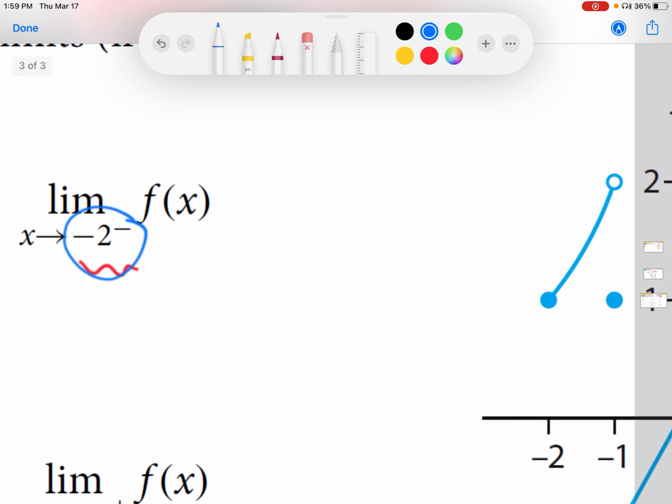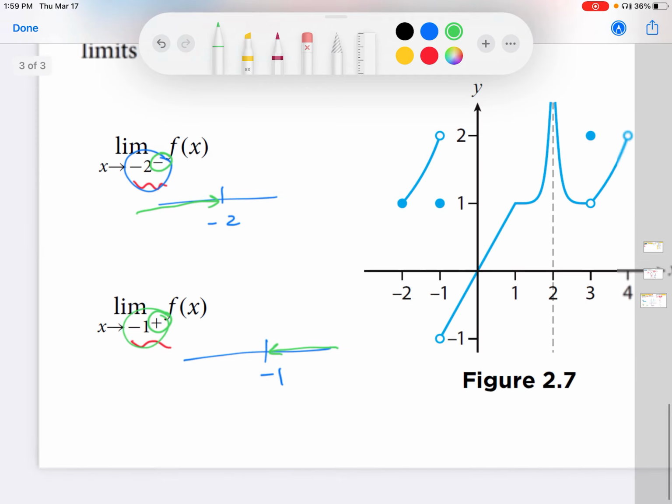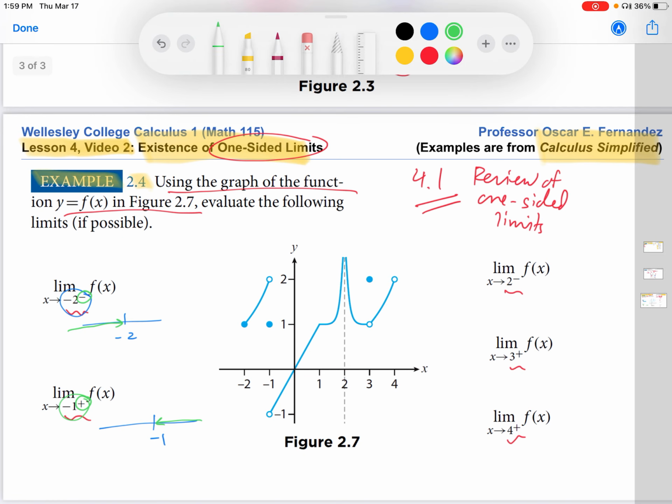This means approach x equals -2 from the left. This means, for example, approach x equals -1 from the right. Very quick little review again. I highly suggest you check out that video if you want much more detail about one-sided limits.